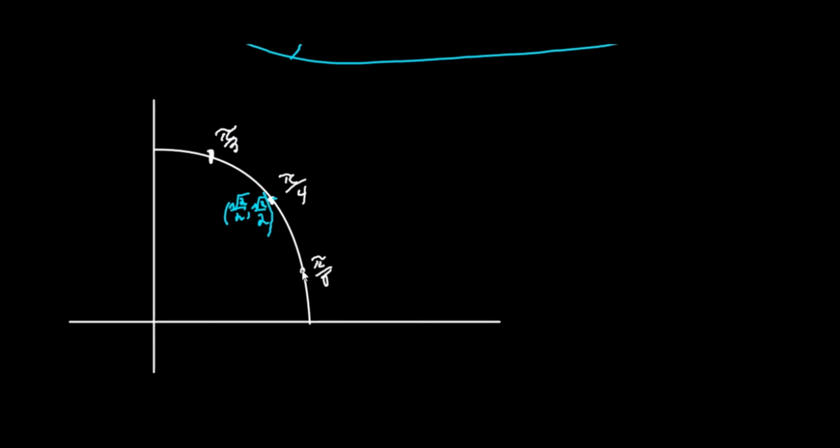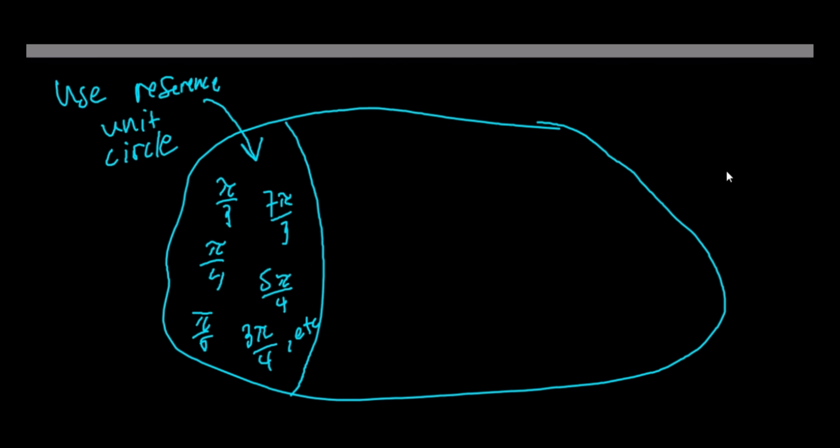The same for pi over 6 radians and pi over 3 radians, because these angles show up all the time. So if I wanted to take the sine of pi over 4, then I take the y coordinate of this point, and that just happens to be square root of 2 over 2. So that's what we do when we get one of these typical common angles that show up all the time.